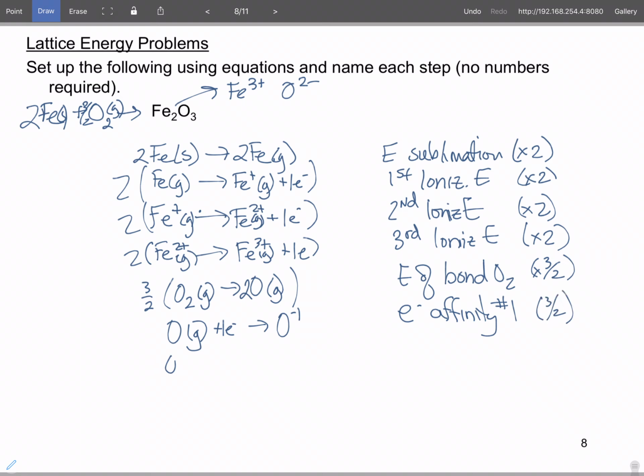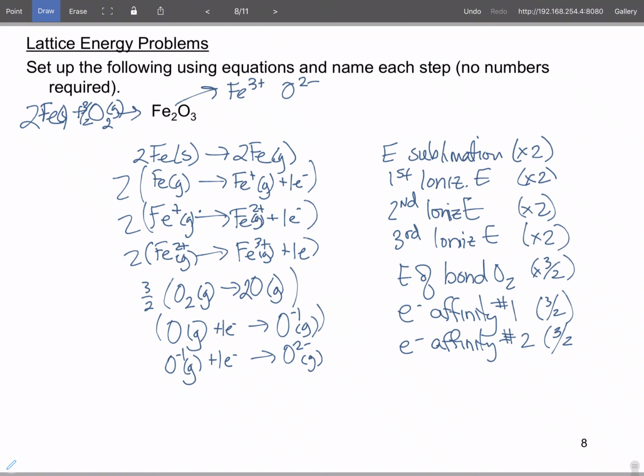And then we take the O1 minus, and we gain another electron, which would take us to O2 minus, which is our electron affinity number 2, or second electron affinity. Again, we multiply that by 3 halves. So at this point in time, I cheated and didn't write the gases in here.